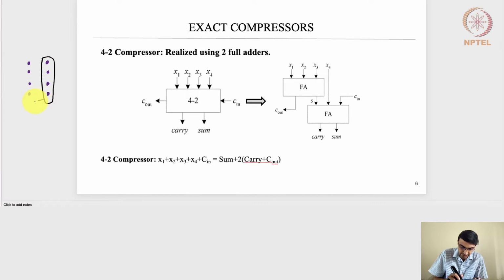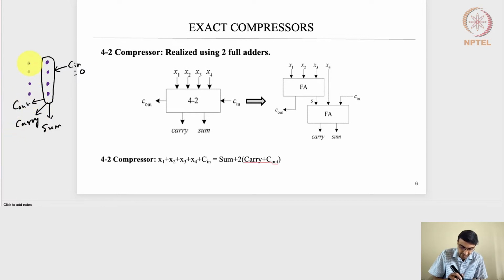It is going to generate the carry out here, C out, and the sum here. And it may take a carry input, assuming that this is the LSB side, so I can say that the C input is 0.